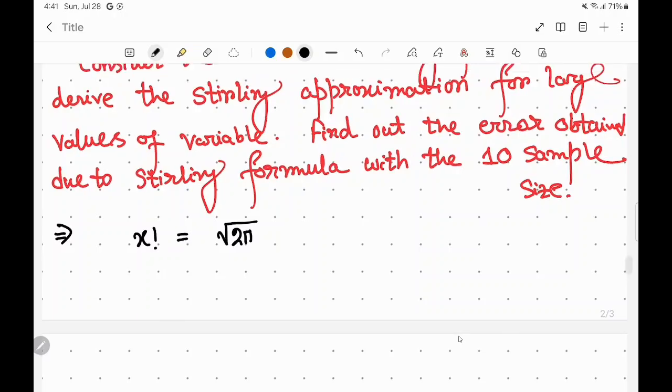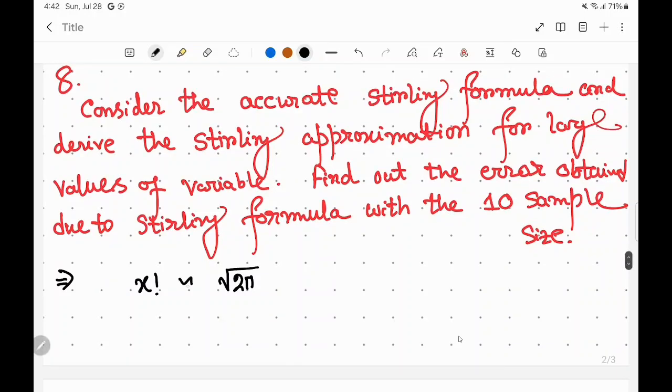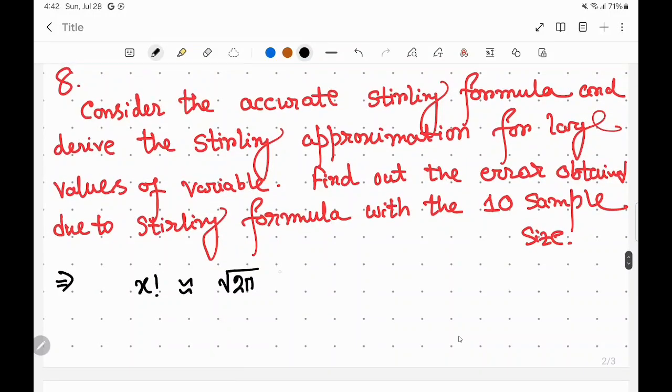Here we first have to write down the formula, then derive the approximation for large values of the variable. The actual formula is x factorial equals root over 2 pi x, times x to the power x plus half, times e to the power minus x. This is the original formula given by Stirling.